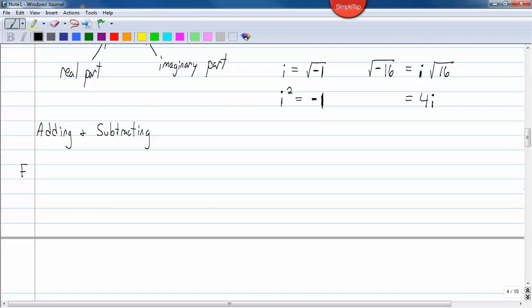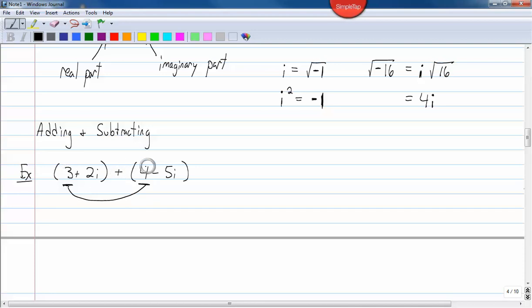For example, if I have the complex number 3 plus 2i plus 4 minus 5i, you add like terms or subtract like terms depending on the signs. So that's the real part 3 and the real part 4, and this is a plus in front.